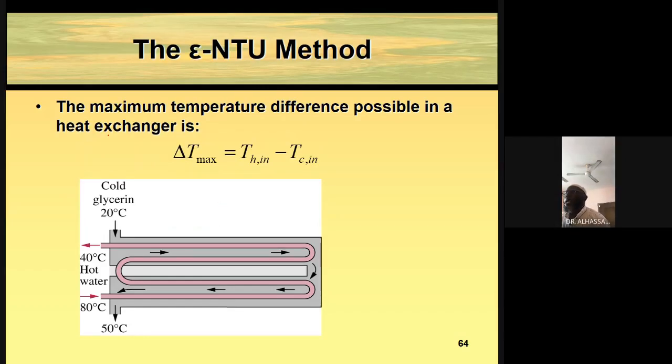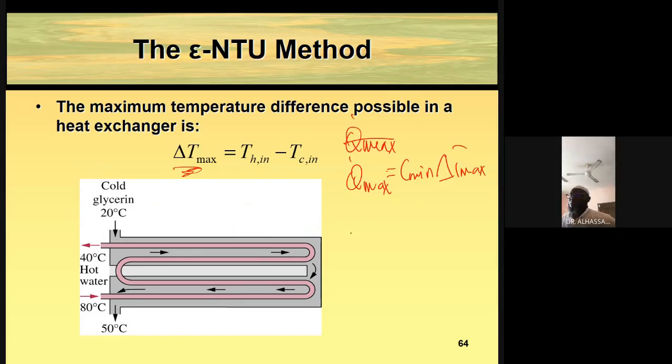So you see, the maximum temperature difference possible in the heat exchanger is given by this, and this is what we use to calculate Q maximum. Q maximum equals C minimum times the delta T maximum.